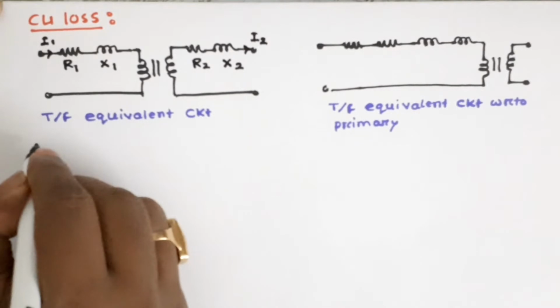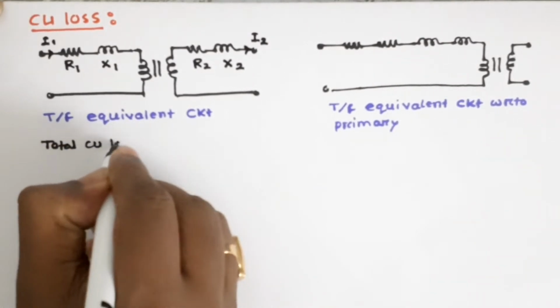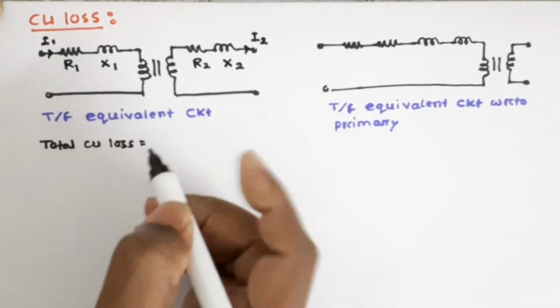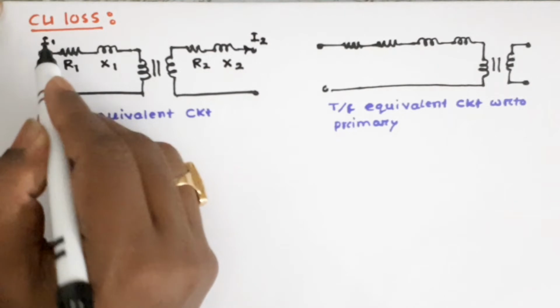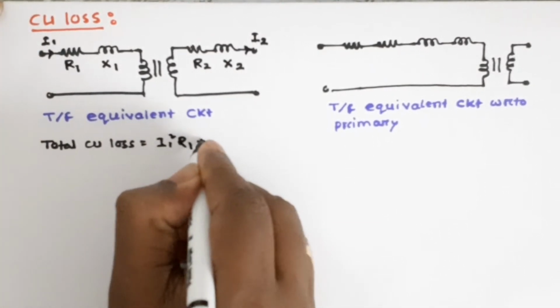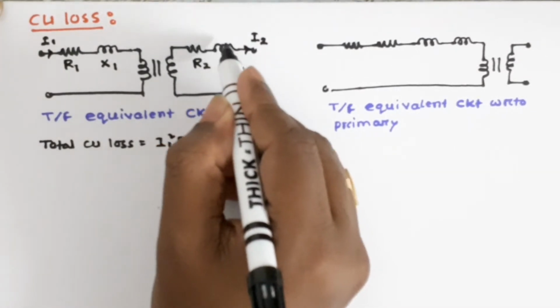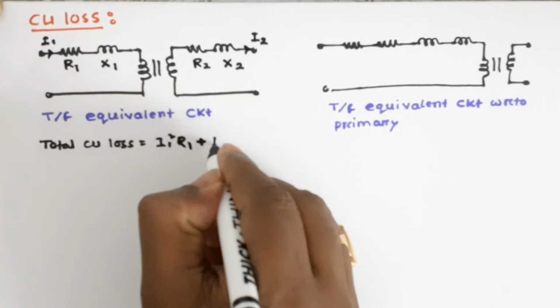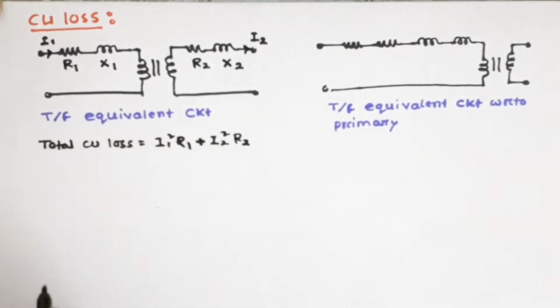Therefore, total copper loss is equal to the I square R loss in the primary winding, that means I1 square into R1, plus secondary winding copper loss, that means I2 square into R2.